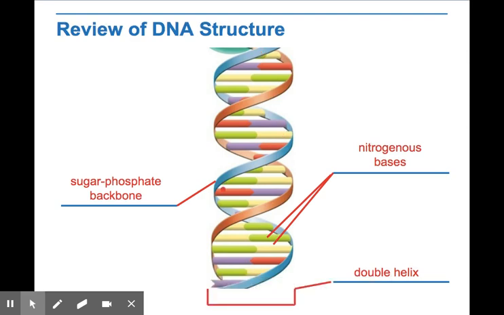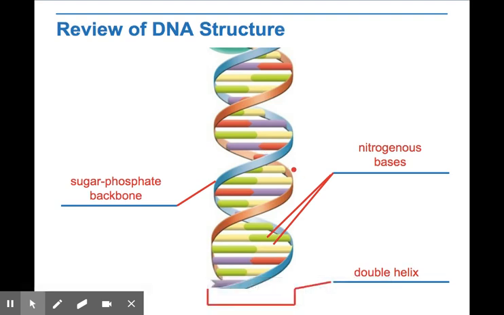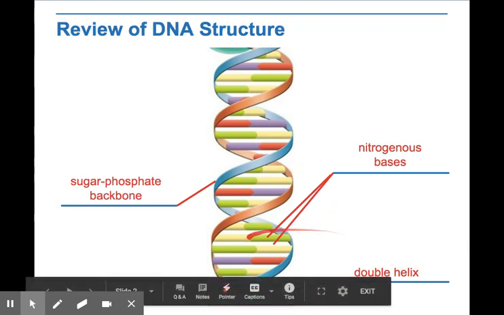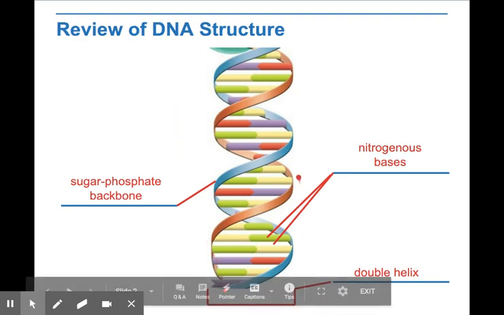This blue strand is one of the strands, and this orange strand is the second one, and they're twisted together on top of each other like a twisted ladder. That's why we call it a double helix: there are two strands twisting together.